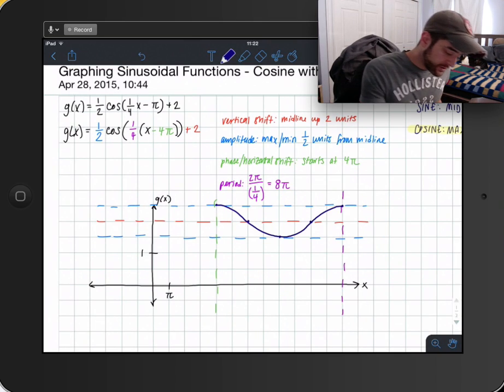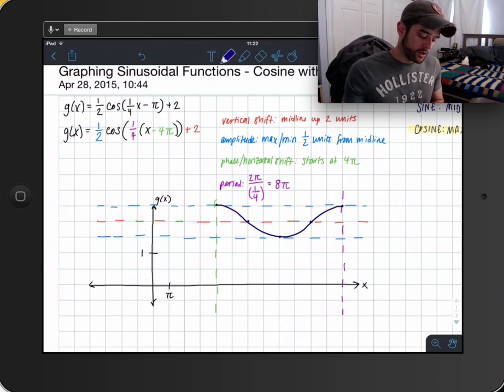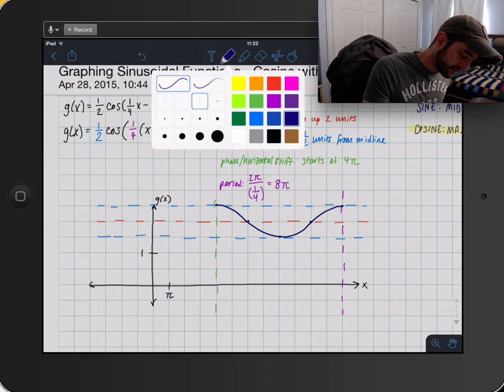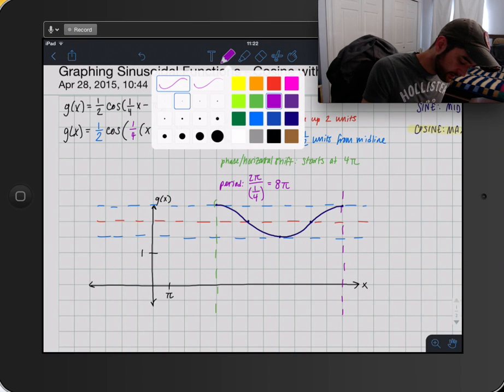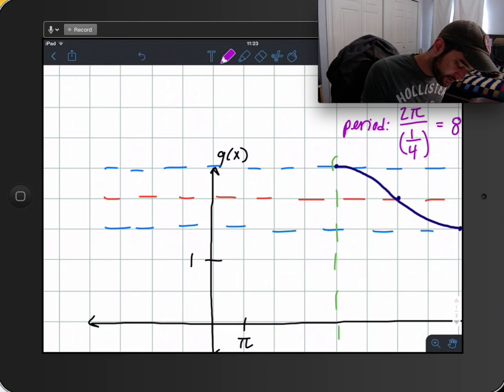And if you want 2 periods worth, I'm not going to go any more in the right direction, but let's do a period's worth of cosine in the left direction. So again, I count out 8 spaces, because again, it lasts 8 spaces. 1, 2, 3, 4, 5, 6, 7, 8.